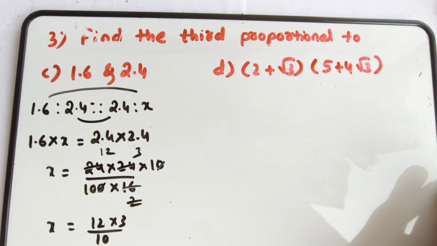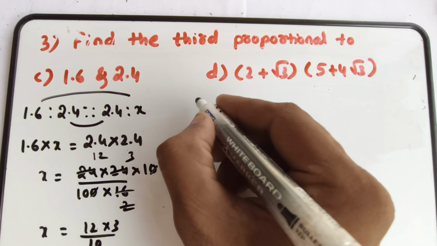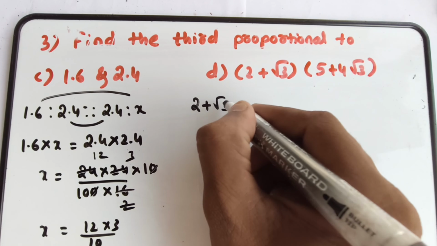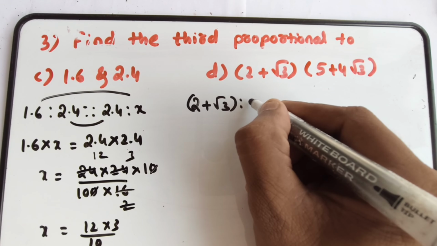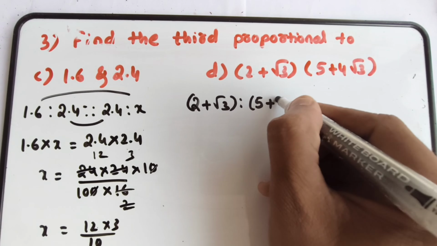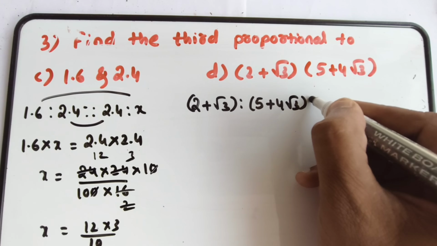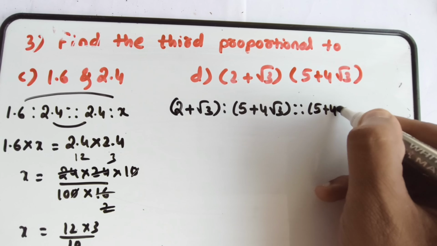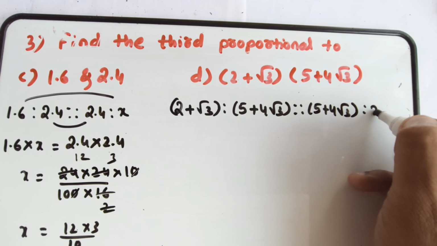Similarly, find the third proportional to 2 plus root 3, 5 plus 4 root 3. 2 plus root 3 ratio 5 plus 4 root 3 proportion 5 plus 4 root 3 ratio x.